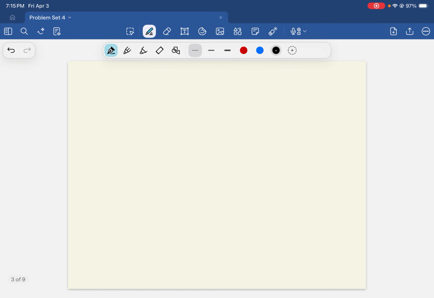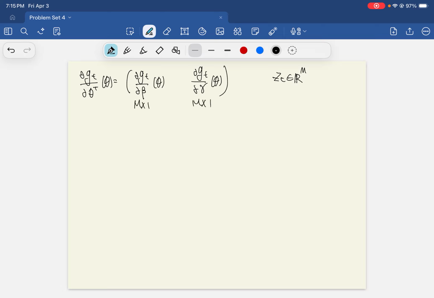So then as a whole, the total derivative is, put it this way, dg_t with respect to beta, comma, dg_t with respect to gamma, side by side. That means if z_t is m dimensional, then each is m by 1. Because theta is two-dimensional, it should be m by 2 dimensions.